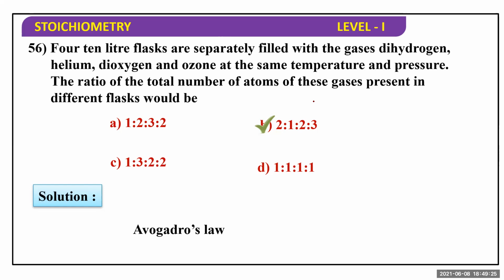Moles should be the same, but for the ratio of atoms, dihydrogen means 2 atoms, helium means 1 atom, dioxygen means 2 atoms, and ozone means 3 atoms. For this reason, the atomic ratio is 2:1:2:3.